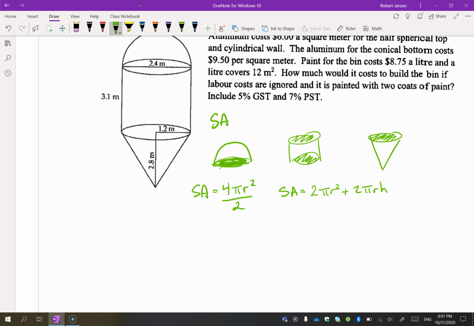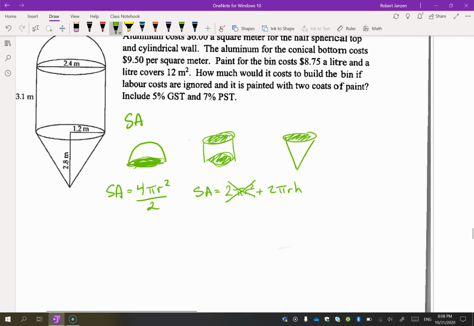Okay, and if you remember correctly, the 2 pi r squared refers to those two circles that we're not counting. So in this case, we really only want the 2 pi r h. And last, the surface area of a cone is pi r squared plus pi r s. And again, we don't want the circle.